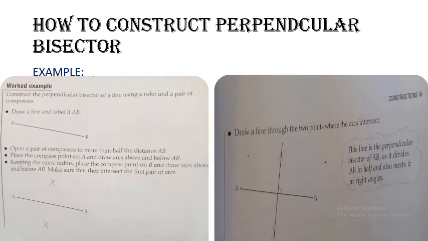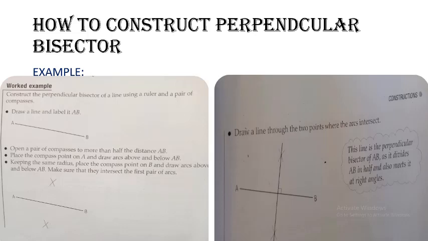It means that the protractor will not be used here. So you need to make sure that you have a ruler and a pair of compasses. We have steps that we are going to follow.